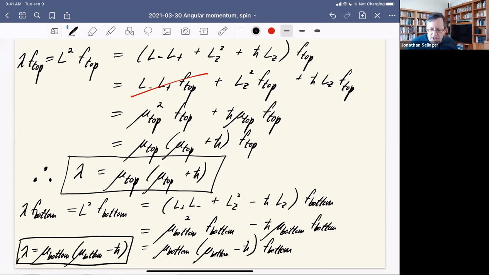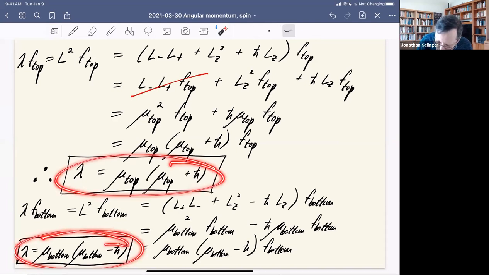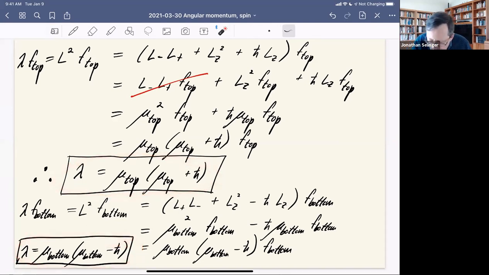Okay, so this is two relationships among the eigenvalues. Now let's combine these two equations to get an equation that just relates mu top and mu bottom, without any lambda.